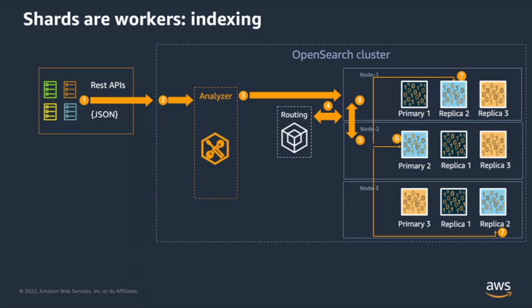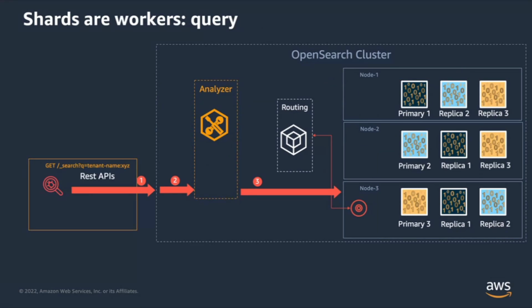So each of the requests that come in, and if a bulk request includes enough documents, it'll go across all of these shards. And in that case, we're multiplying out the work that we need to do across all of the shards in this index. Finally, when the primary has written and the replicas have written and responded to the primary, then the response will come back to the originator, which will send out the response to the client.